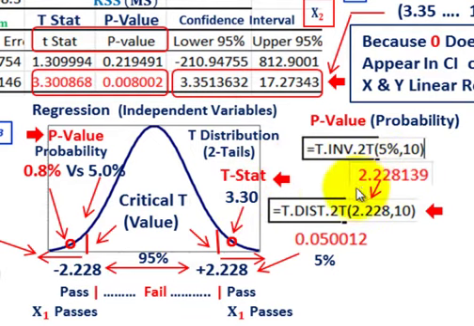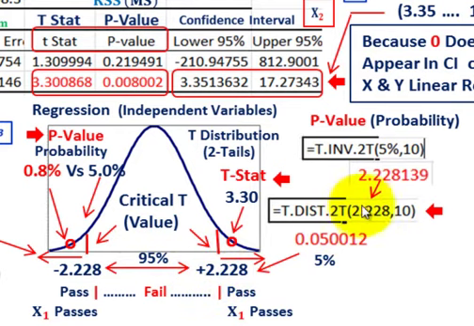Well, we would put that into another Excel function here, equals T.DIST.2T, and put that t-value cutoff of 2.228, put in your degrees of freedom of 10, and this is where you're going to get your percentage, 0.005, so 5%. So that 5% here corresponds to the t-distribution cutoff value of 2.228.